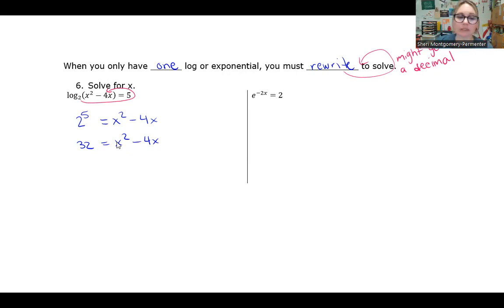Otherwise, we would move it, but leave it. The x squared is what's important. If it's positive, move everything else. So we've got 0 is equal to x squared minus 4x minus 32. To factor this one, I'm going to get 2 sets of parentheses. We're going to have x and x. What are some things that could multiply to make 32 that could be put together to make 4?